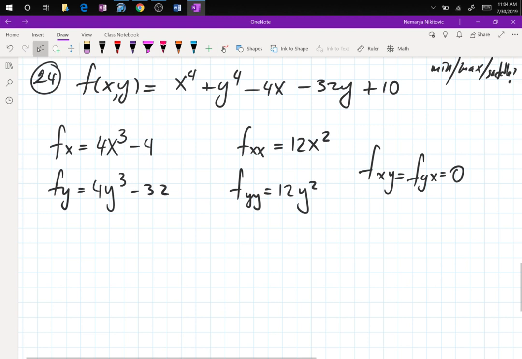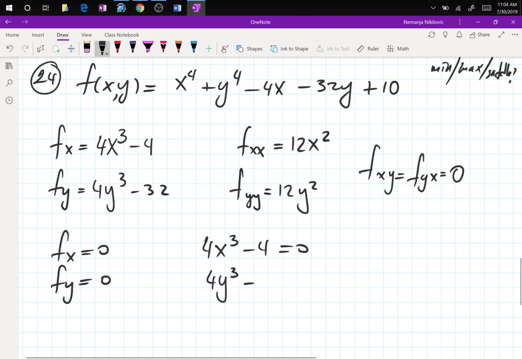Now, the annoying part. Set fx equal to 0, which is your 4x cubed minus 4 equal to 0, and set fy equal to 0, which is 4y cubed minus 32 equal to 0. And your job is to solve. Whatever method works.